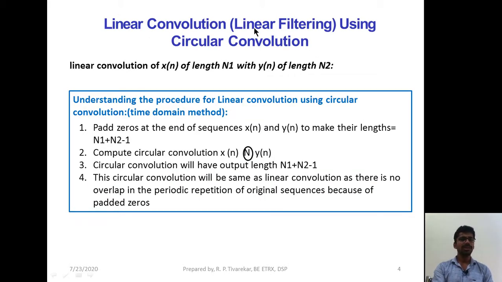For linear convolution using circular convolution, we first pad zeros at the end of both sequences to make their lengths equal to N1 plus N2 minus 1 each. Then we perform the circular convolution of those two sequences, and the result will have length N1 plus N2 minus 1. This circular convolution will be the same as the linear convolution because there is no overlap in the periodic repetition of the original sequences, as we have introduced zero padding in them.